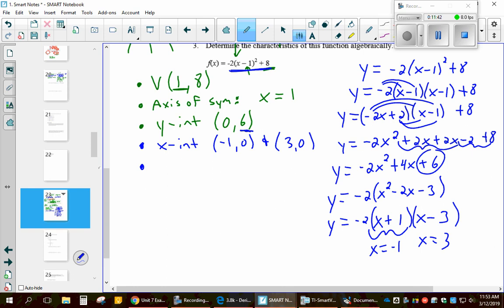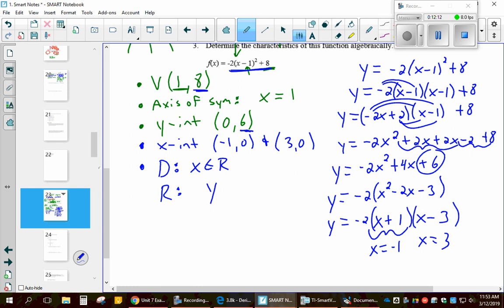So for domain and range, our domain is x is a member of the real numbers. Our range, all right, what would our range be, guys? The range has to be y less than or equal to, no, 0. This should be the number you guys are looking at.